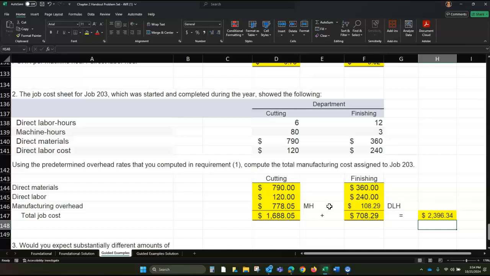But look at what we actually calculated based on the departmental application rate. We got 7 times more in cutting than we did in finishing. So if we used a company-wide rate and cutting got 50% and finishing got twice that much, would we see a big difference between them on the application? Yeah, big time.